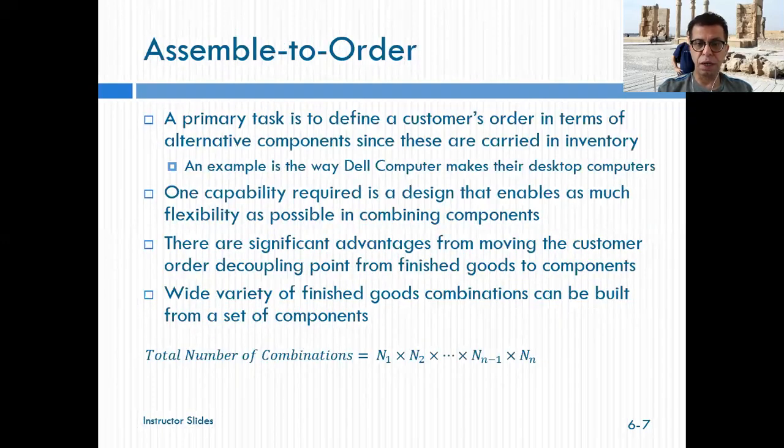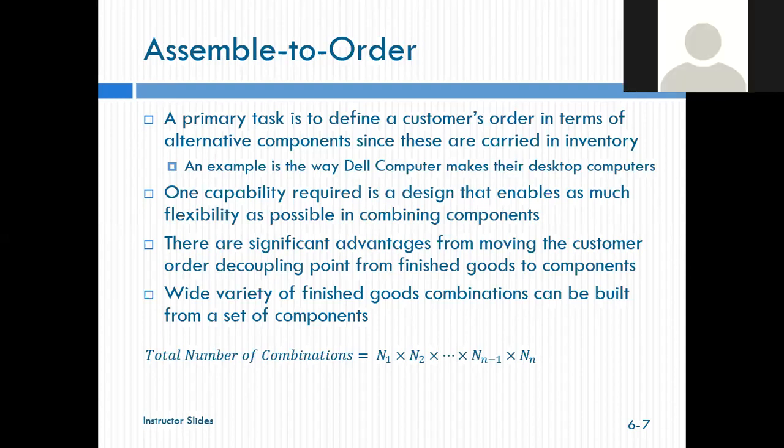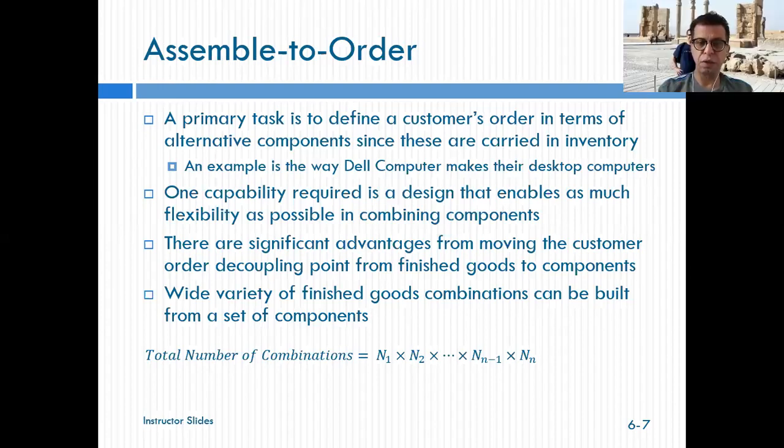Now, a primary task is to define a customer order in terms of alternative components. These are carried in the inventories.